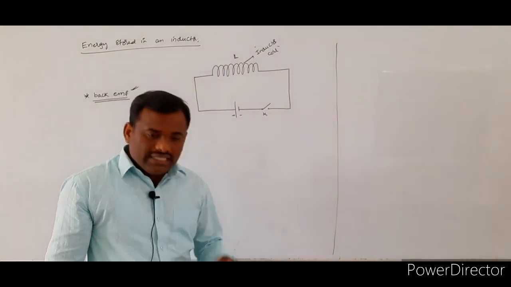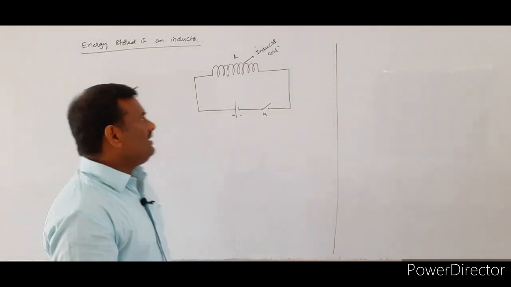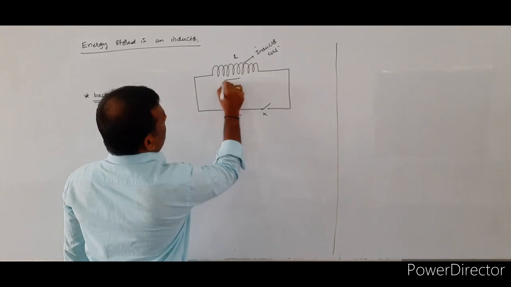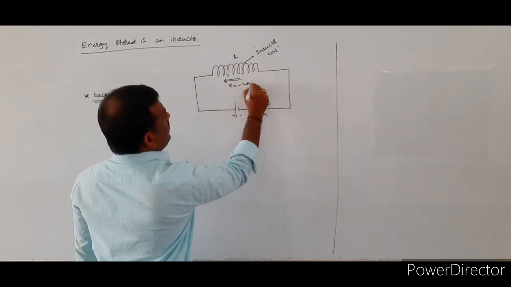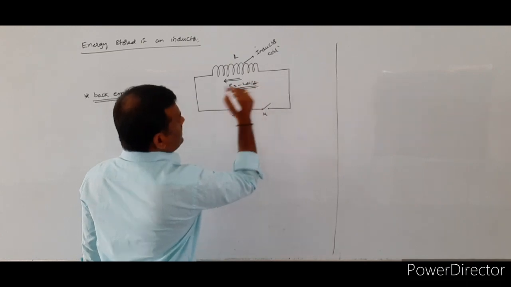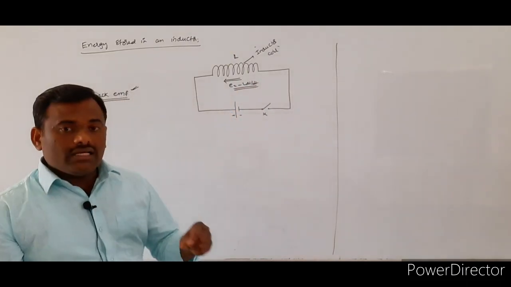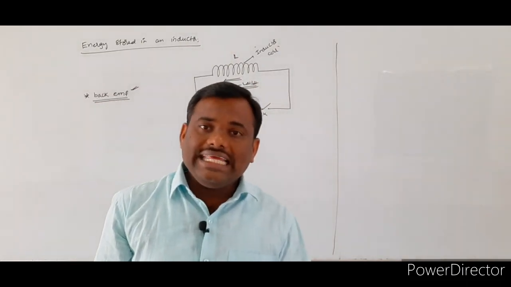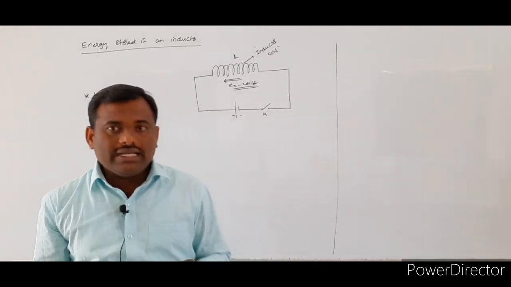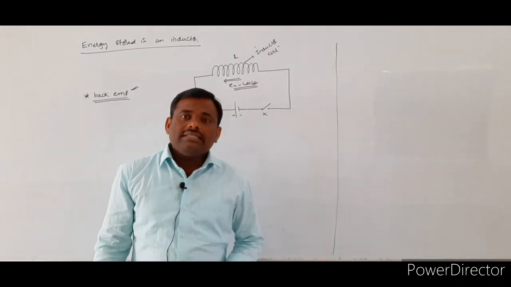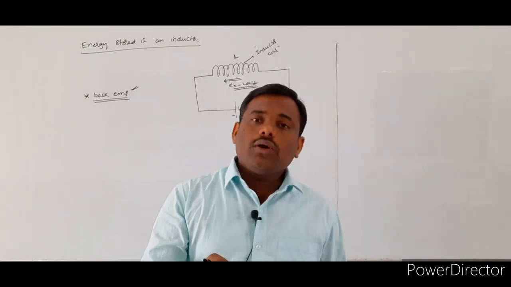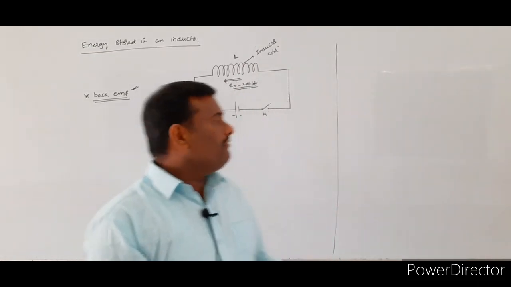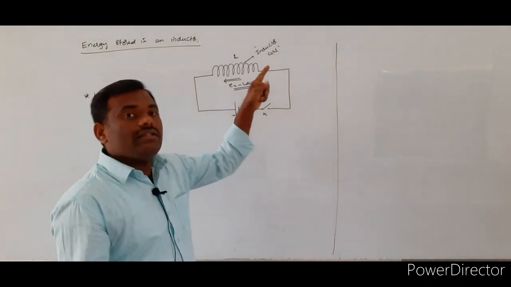Already I told the role of the back EMF: it always opposes either the growth or the decay of the current. It opposes the growth of the electrical current passing through the given circuit.